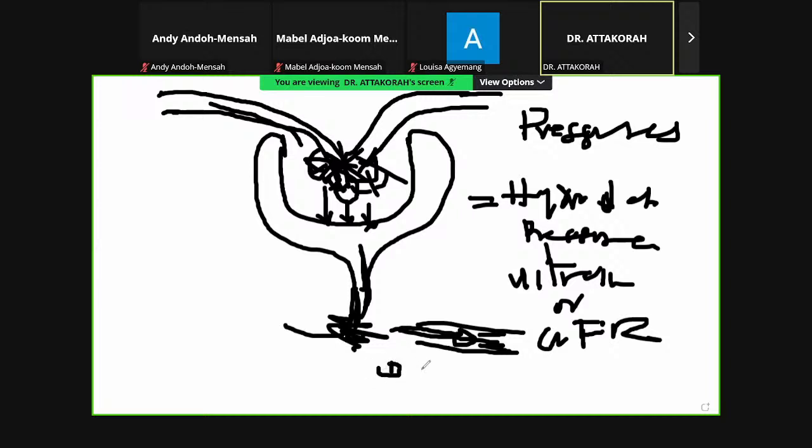So the one opposing pressure is the Bowman space pressure. Blood from here will not go through the Bowman capsules without the Bowman capsules resisting. So there is Bowman capsule or space pressure.